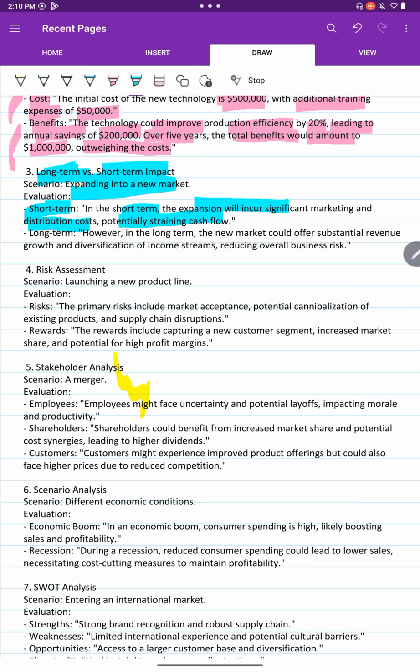In the long term, however, the new market could offer substantial revenue growth and diversification of income streams, reducing overall business risks. So here, as you can see, I compared its short-term impact with its long-term impact. This is also a way of doing evaluation.